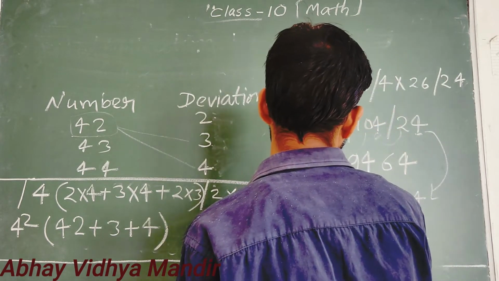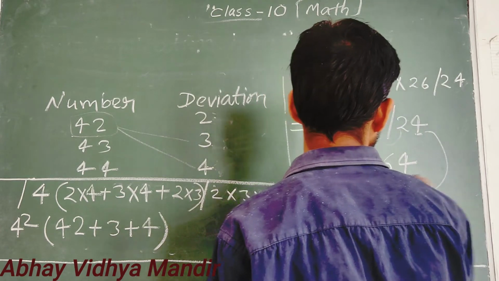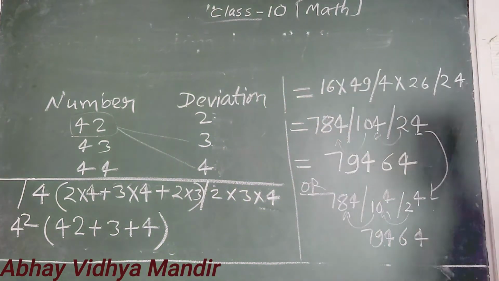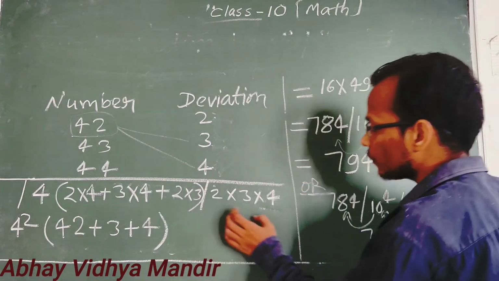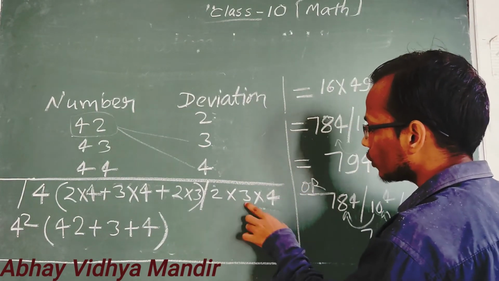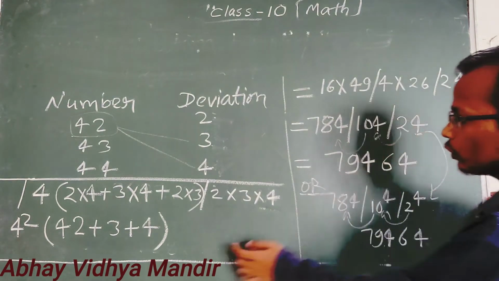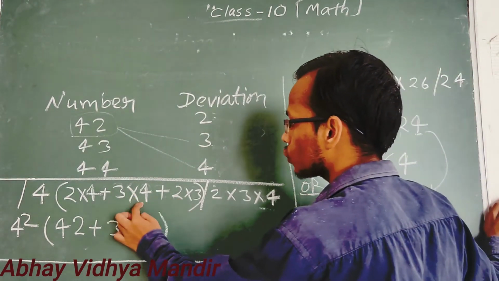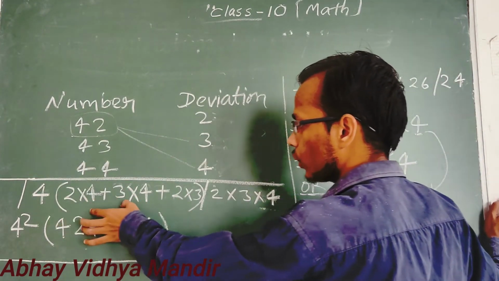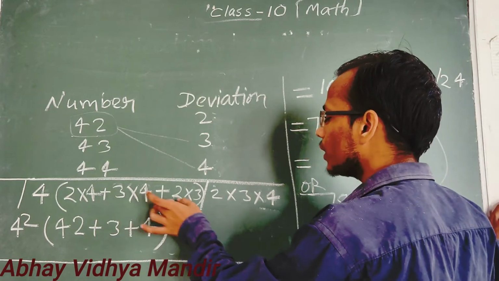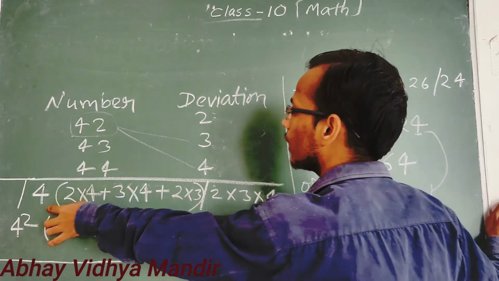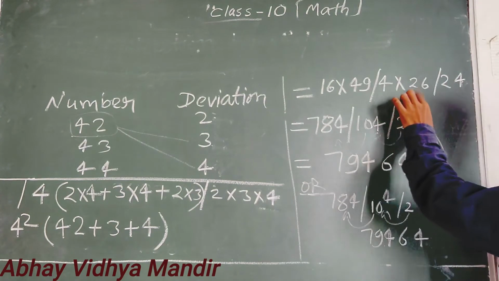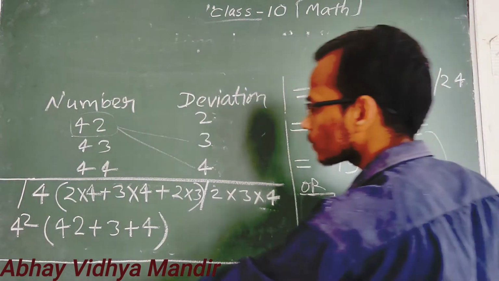And you can do this step in this way too. What we had done: first we multiply 2 into 3 into 4, 24; 2 into 3, 6, plus 12, plus 8, 20. 20 plus 6, 26. 26 multiplied with 4, so 104.